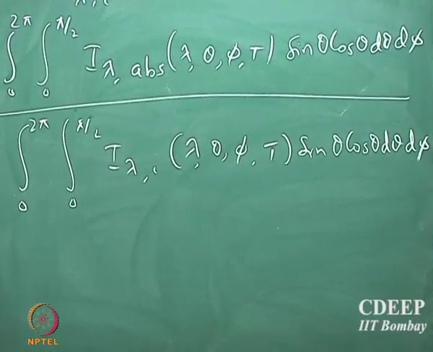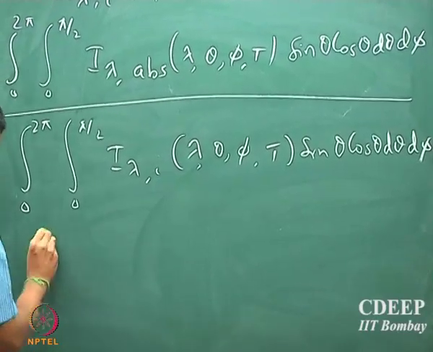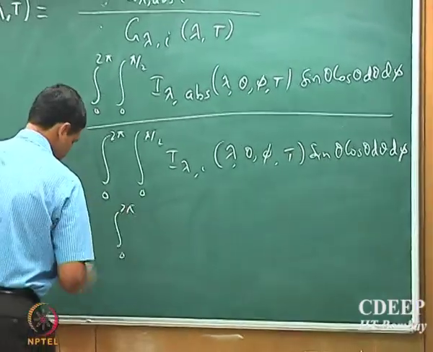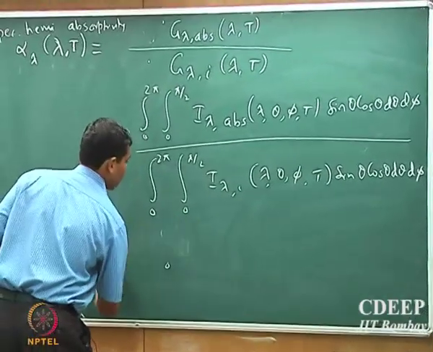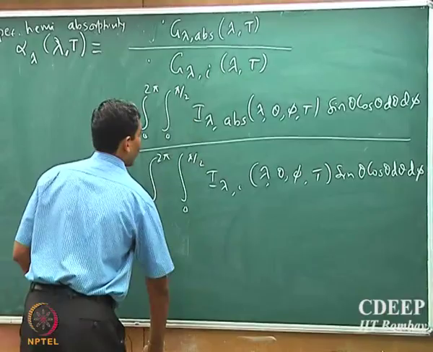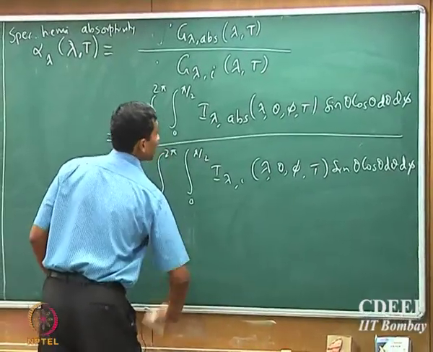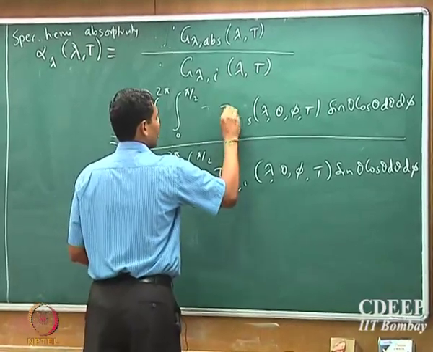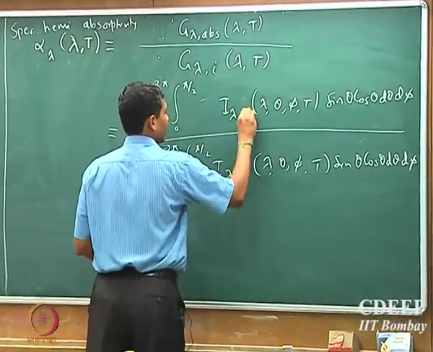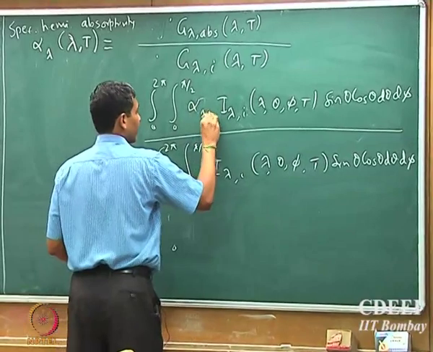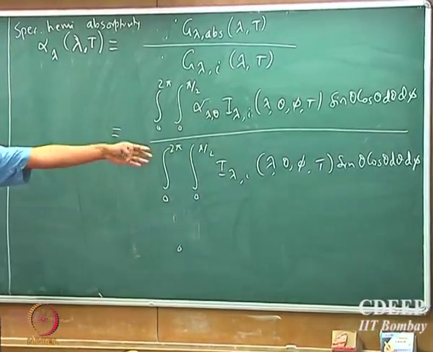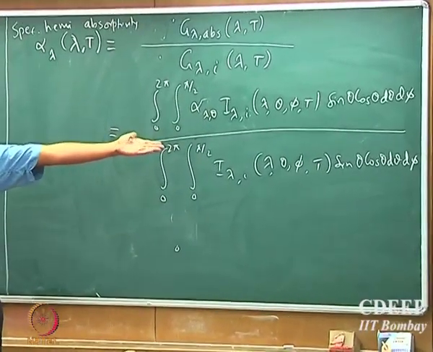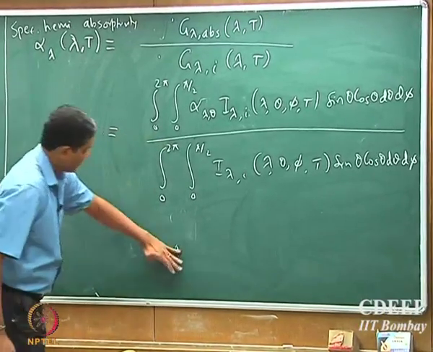So we can rewrite this, simply replacing it as alpha lambda theta times I lambda i. So that's the absorptivity multiplied by the incident irradiation.